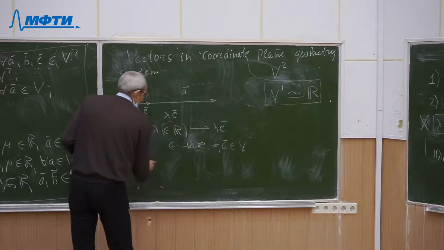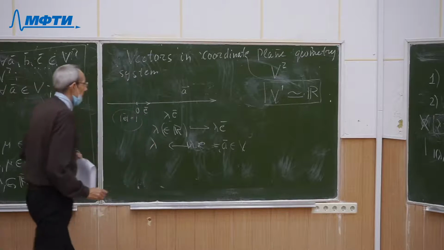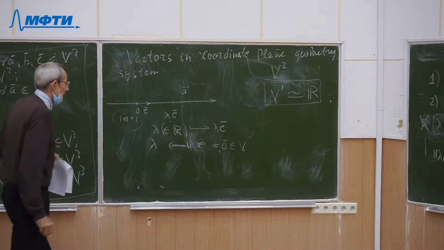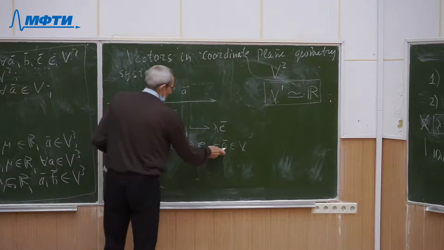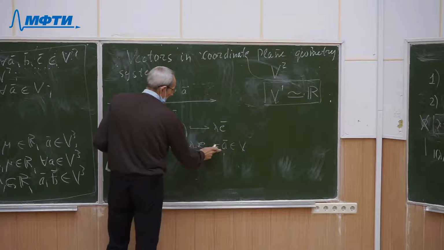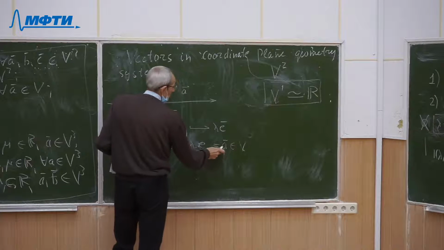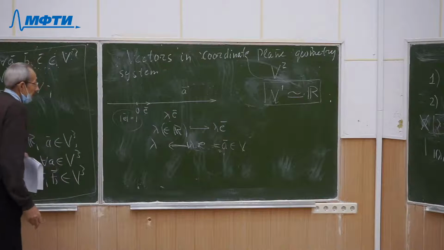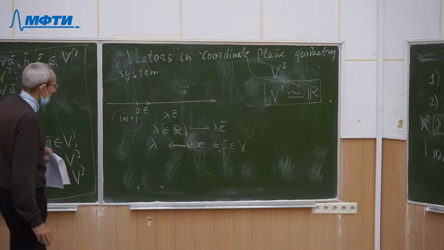The inverse map is the map which maps A to lambda, and we have a one-to-one correspondence.